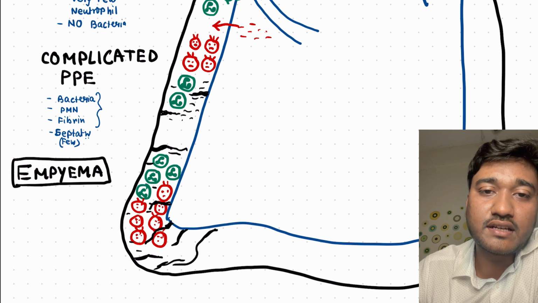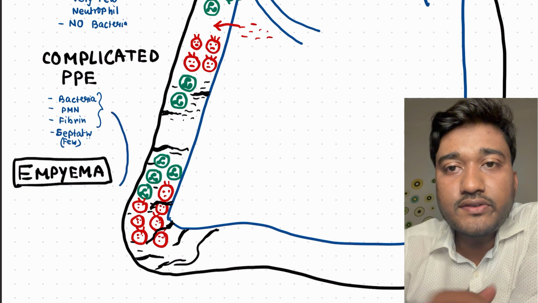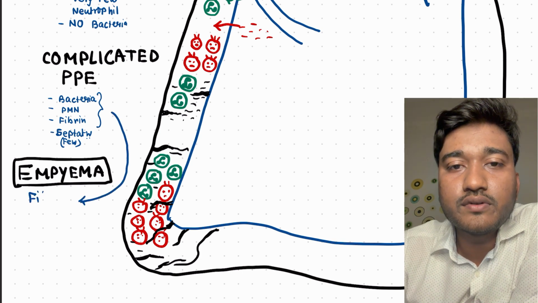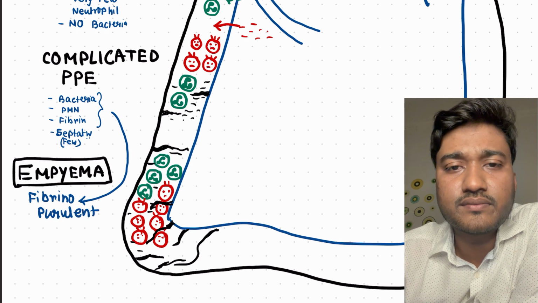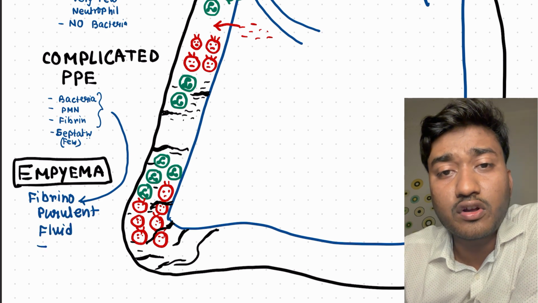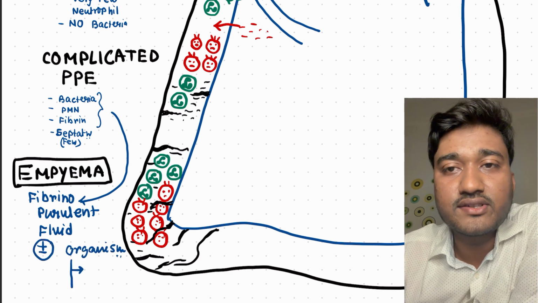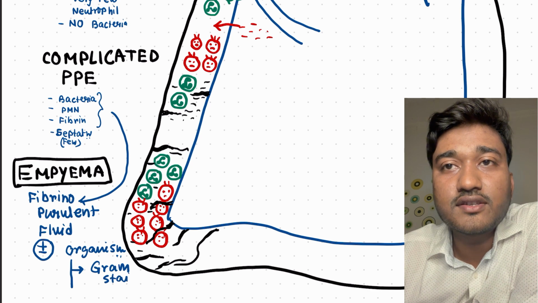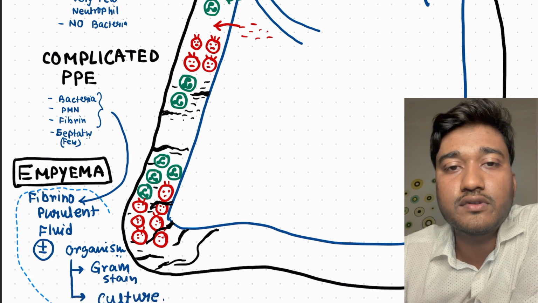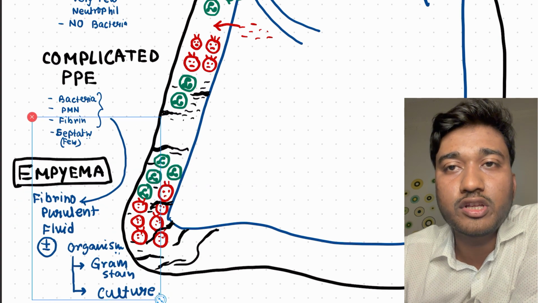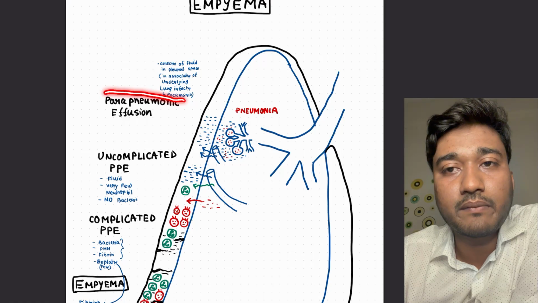This stage is termed empyema. So empyema means fibrinopurulent fluid present within the pleural space, with or without organisms, which are proven by gram stain or culture sensitivity report. This is the sequence of events: initially parapneumonic effusion, then uncomplicated, then complicated, and eventually full-fledged empyema.